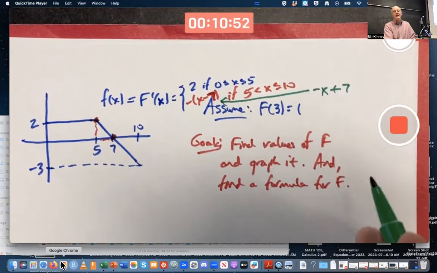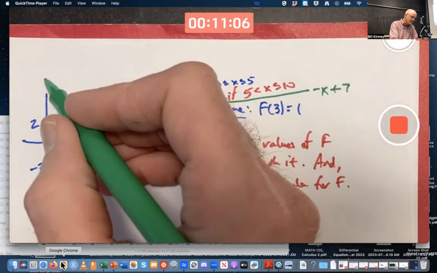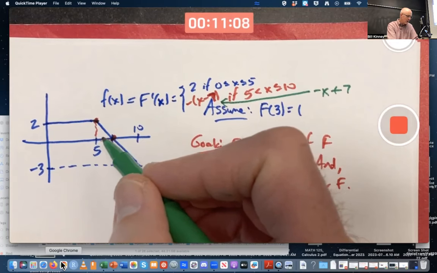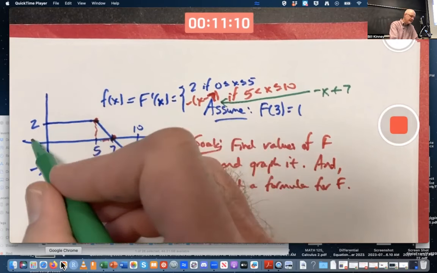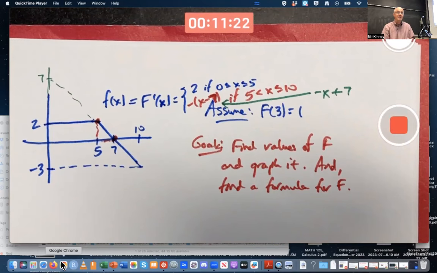Emphasizing, yes, the coefficient of x is -1, the slope is -1, and the y-intercept is 7, and I could write that down because of this without trying to figure it out by looking at the graph. But if you did go backwards here, the slope is -1, so as x decreases by 5 from 5 down to 0, y would have to increase by 5 from 2 up to 7. This is not part of the graph, but that would be a 7 up there. But it's not part of the graph of little f.